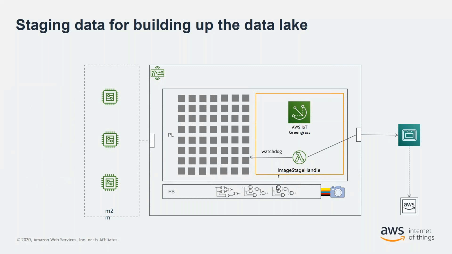So then what we're thinking is, well, we may want to do that for alerting situations when we know that something has gone wrong. But what if we just want to acquire more data to build up the data lake so we can make our algorithms smarter? Well, what we can do is take other images, maybe just snapshot images of the system to gather that data.